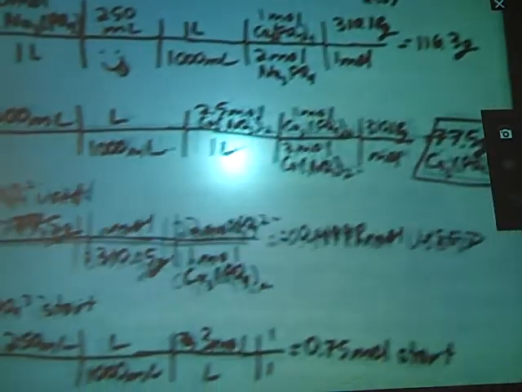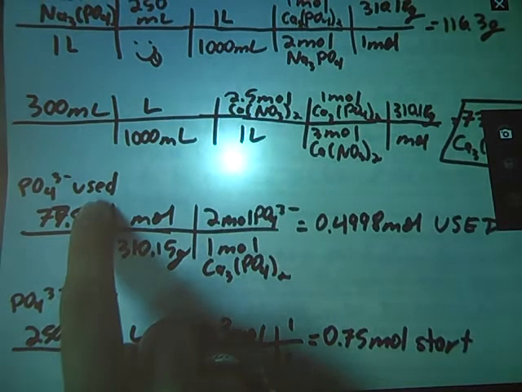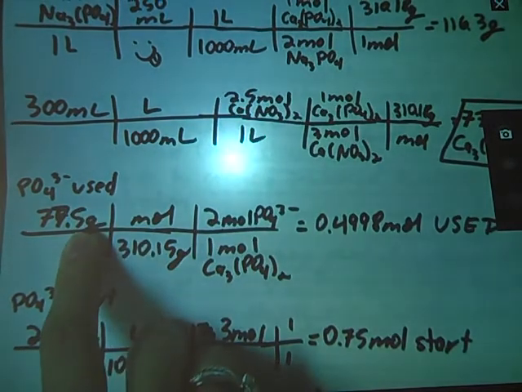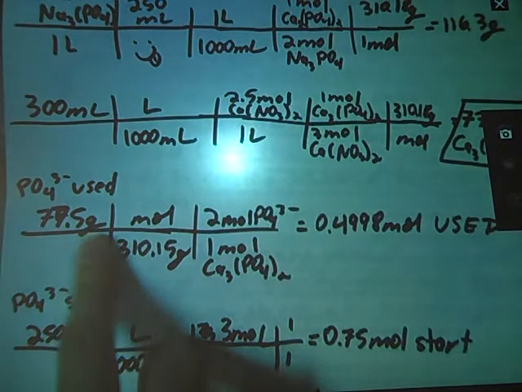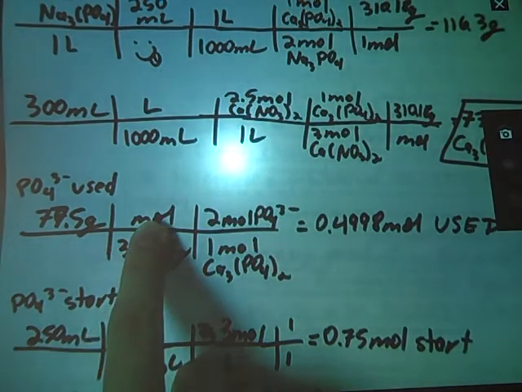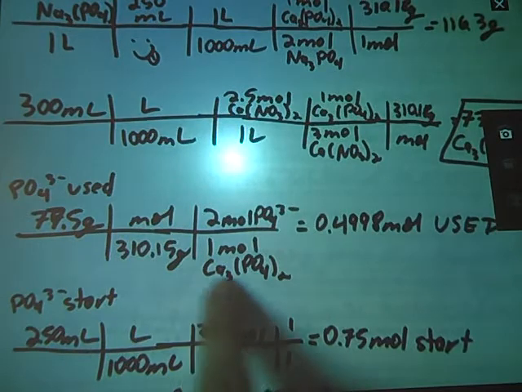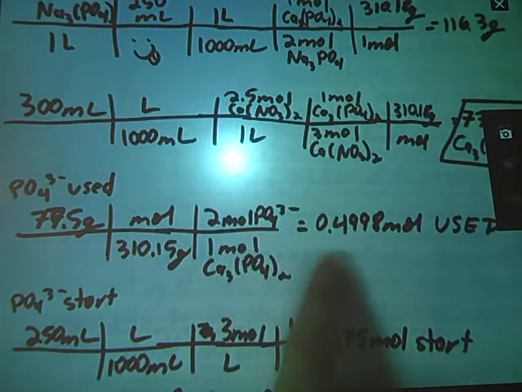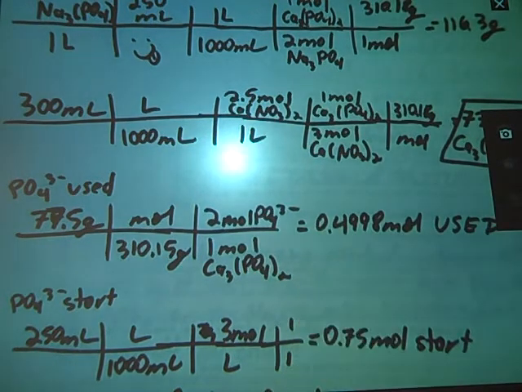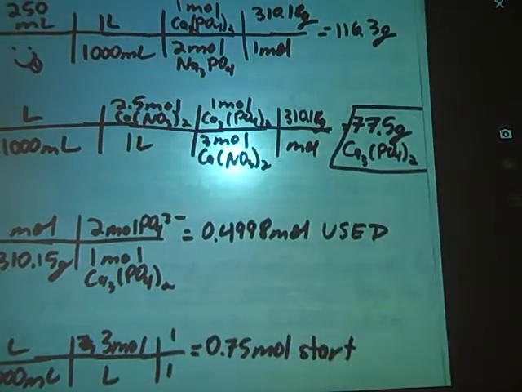So, in order to figure out how much phosphate I actually used, I take my 77.5 grams of the solid product that I created, and I convert it to moles, and then I look at this formula. Per 1 mole of this, I have 2 moles of my phosphate. Tells me that I used 0.4998 moles of my phosphate to make this amount of calcium phosphate.